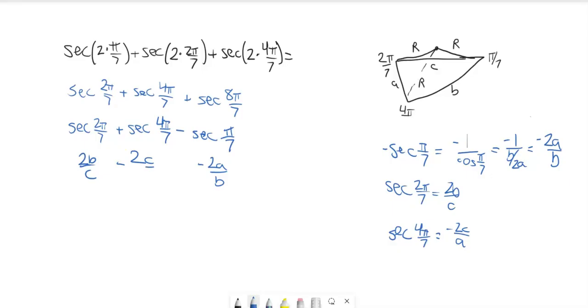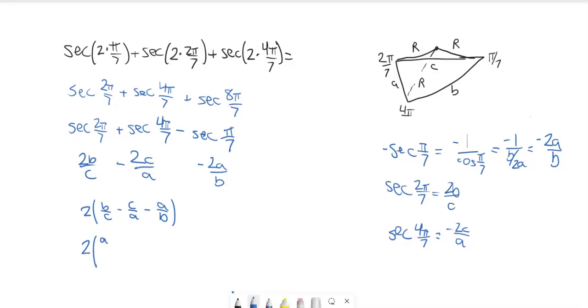So that is what we get over here on the left side. I will factor out the 2. We'll get b over c minus c over a minus a over b, just like so here. And we just have a series of simple ratios we have to reduce down.